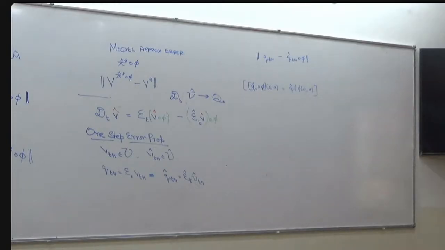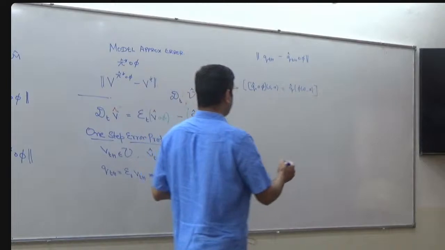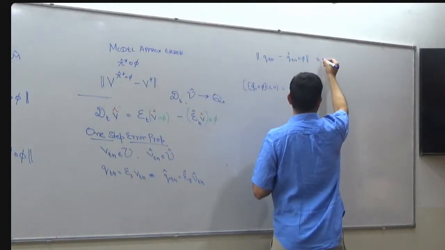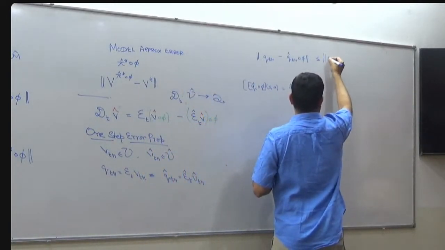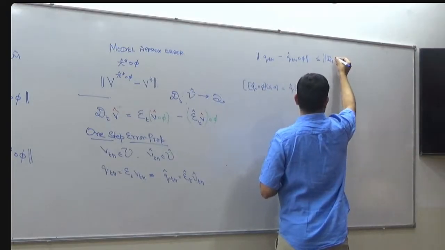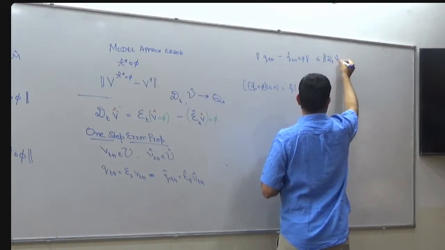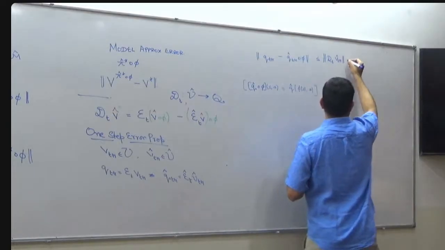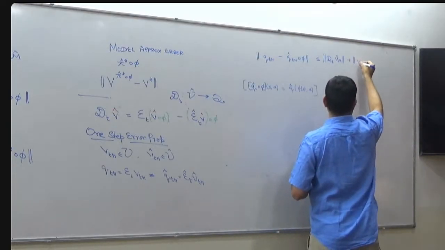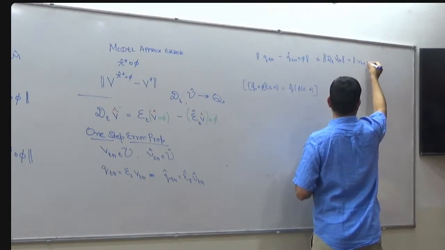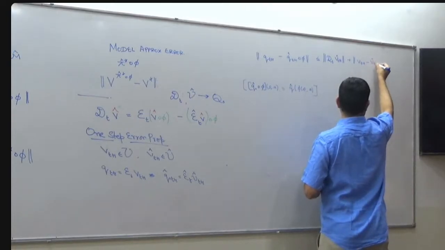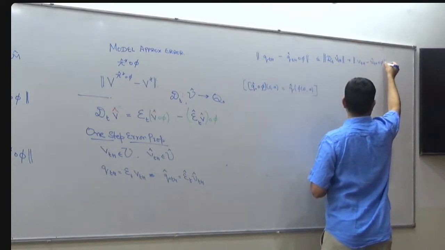So I want to ask what happens to these guys, and my bound is going to be that this depends on the mismatch operator applied on V hat t plus 1, plus the error between V t plus 1 and V hat t plus 1 lifted up.